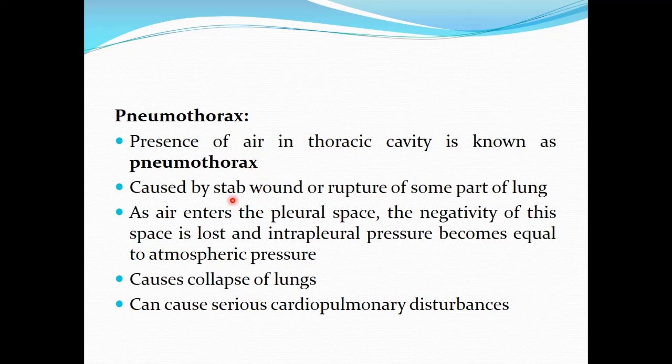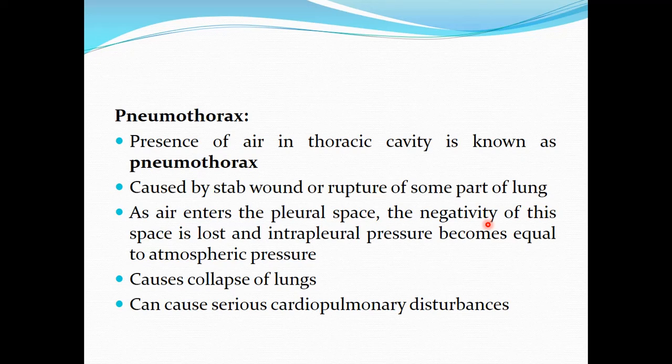It can be caused by a stab wound or by the rupture of some part of the lung which causes the leakage of air into the pleural space. Now what happens if the air enters into the pleural space? Entry of air results in the loss of negativity of the pleural pressure.